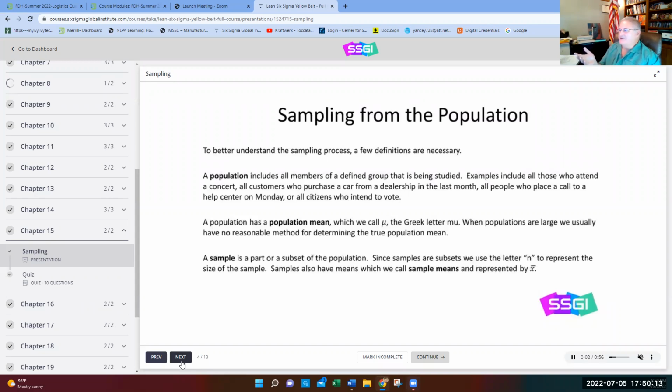This talks about populations. Let's see what it's got here. That's the different parts of a sample. So it includes all members of a defined group that's to be studied. Examples include those who attended a concert, all customers who purchased a car from a dealership in the last month, all people who placed a call to a help center, all citizens who intend to vote.